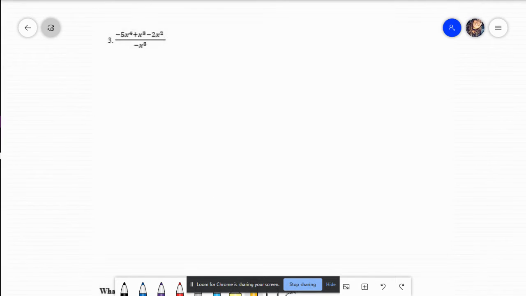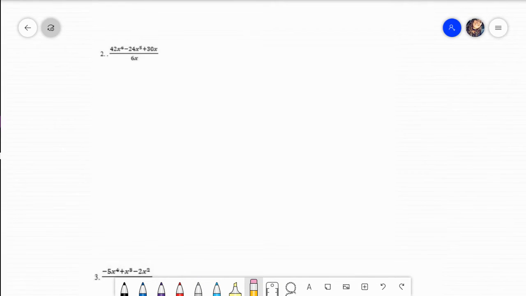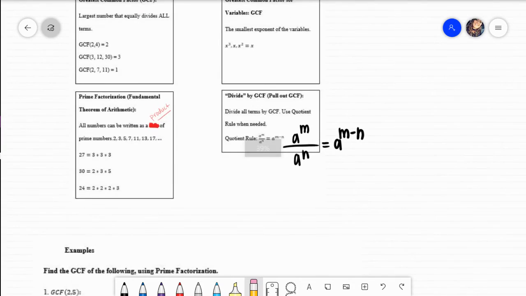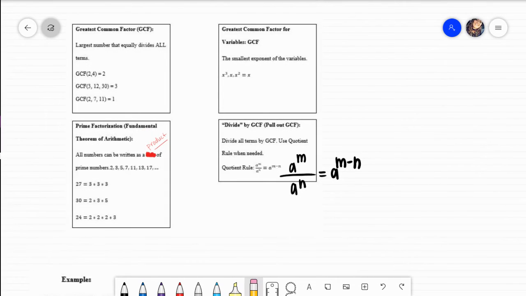Okay, so let's go back up to the top. Let's hit hide. So I'm going to zoom in to read this a little bit better. Top left, greatest common factor. The greatest common factor, which I will also just say GCF because lazy, is the largest number that equally divides all the terms. If you have two terms, it's the largest number that divides both of those terms.